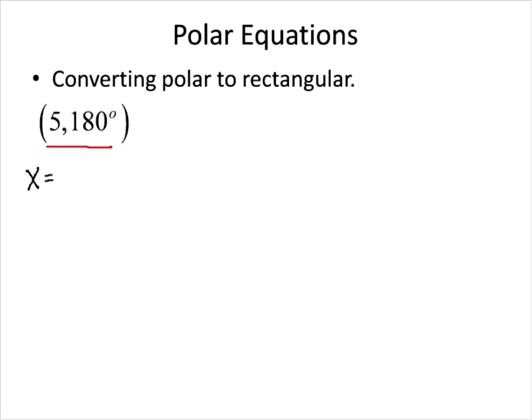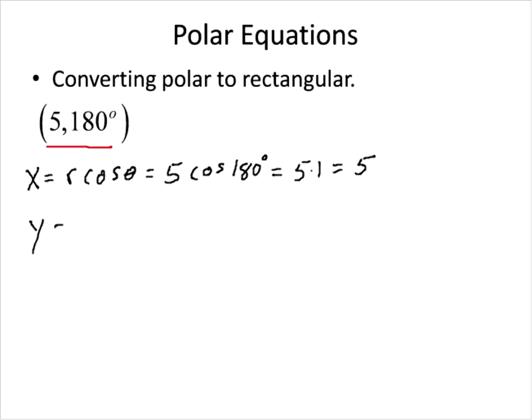So I know that x has to be equal to r times the cosine of theta. Well, r is 5, so it's going to be 5 times the cosine of 180 degrees. Cosine of 180 degrees, though, is just a 1, so this is going to be 5 times 1, which is just a 5. So there's my x. Y is going to be r times the sine of theta.